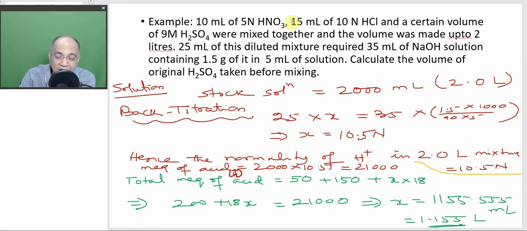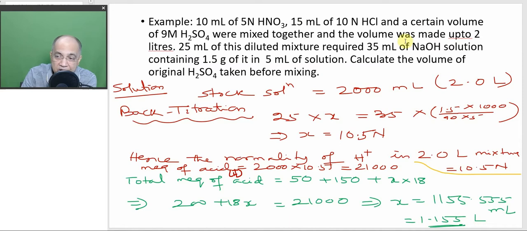So in the original mixing time, you have taken 1.155 liters of 9M sulfuric acid along with 10 ml of this, 15 ml of this. So the total volume would have been 1.155 plus 0.01 liter, 0.015 liter. So this is close to 1.2, something like that. And you have added the excess with distilled water to make the volume equal to 2 liters, and then performed the titration experiment to know the normality of H plus ion.